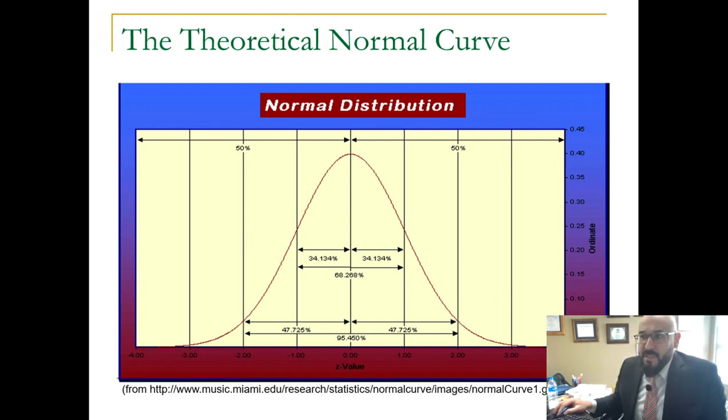Same thing on the left side, whereas the -2 standard deviation, we have 47% of the data located in that area. A 3 standard deviation would be the 99%, or just to make it simple and clarify, we say 50% of the data is located on the right side of the 3 standard deviation, and the other 50% is on the left side.